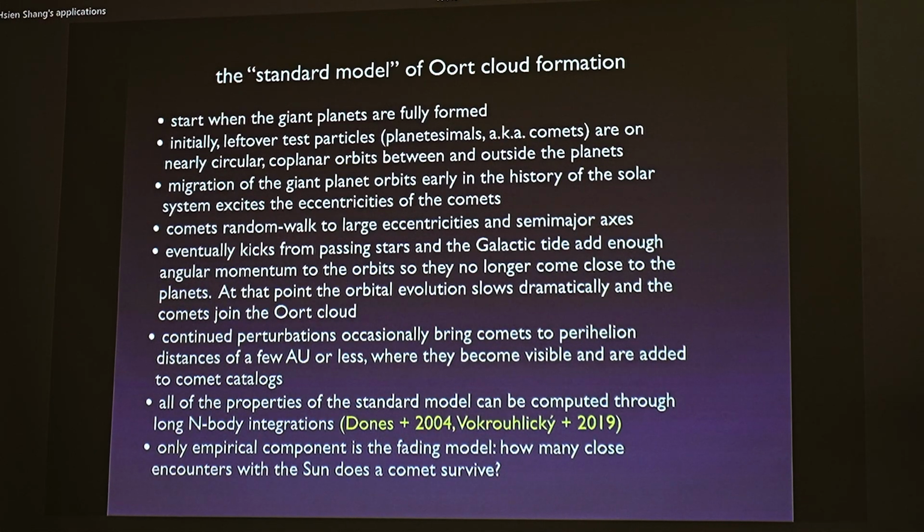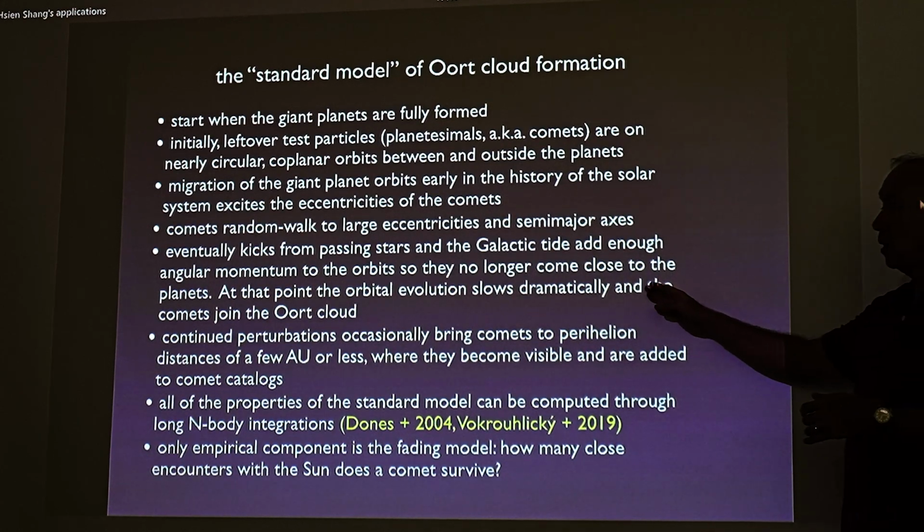They add enough angular momentum to the orbits so that the perihelion becomes large enough that it's outside the planetary orbits. They no longer get kicks from the planets. The semi-major axes freeze in place, and the comets join the Oort cloud.